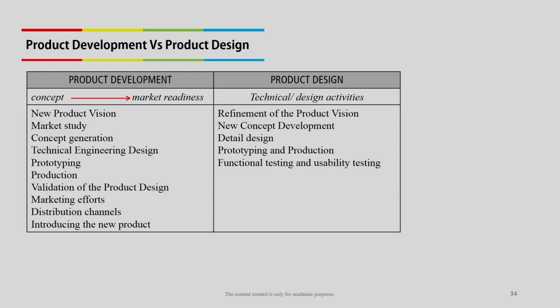So, in product development, from concept to market is considered, and in design, technical design activities are involved, where refinement of the product vision, new concept development, detailed design, prototyping and production, functional testing and usability testing are done.